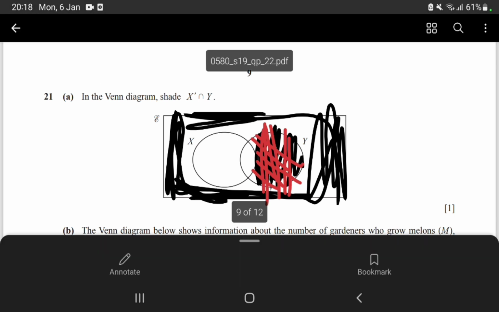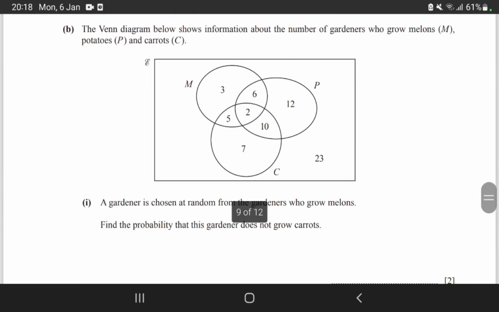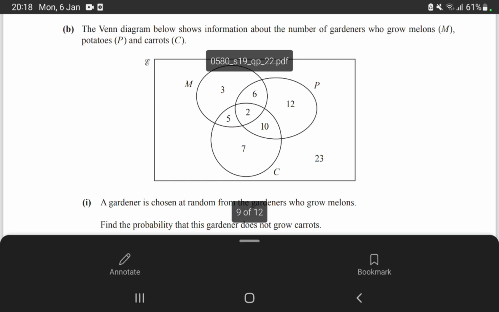For B, the Venn diagram shows information about the gardeners who grow melons, potatoes, and carrots. We need to find the probability that the gardener does not grow carrots.